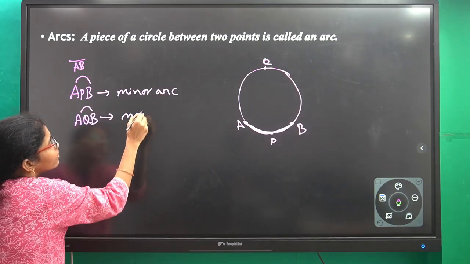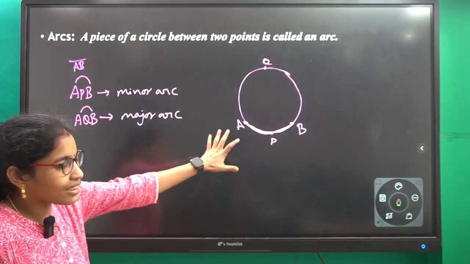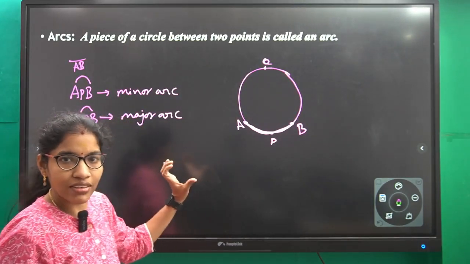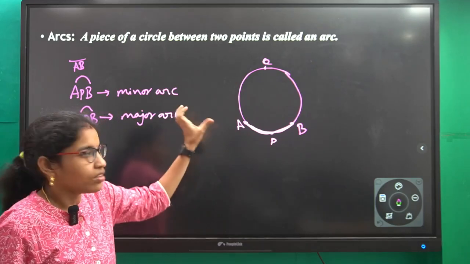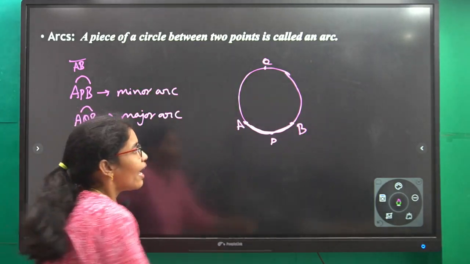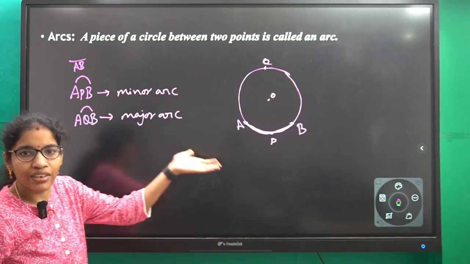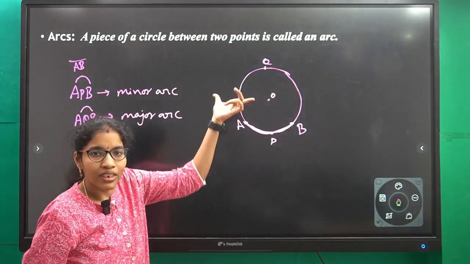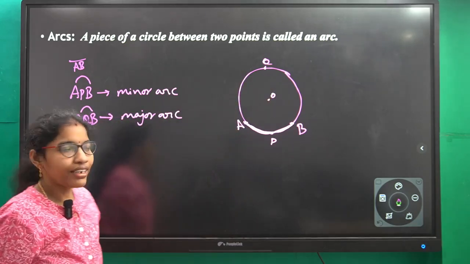Major arc. Clear? Right? So arc is nothing but it is a part of the circumference. Okay, whenever we are adding those minor and major arcs, we are getting the whole circumference of the circle. And if both arcs are equal, that means minor arc equals major arc, then what happens? It becomes a semicircle, right?